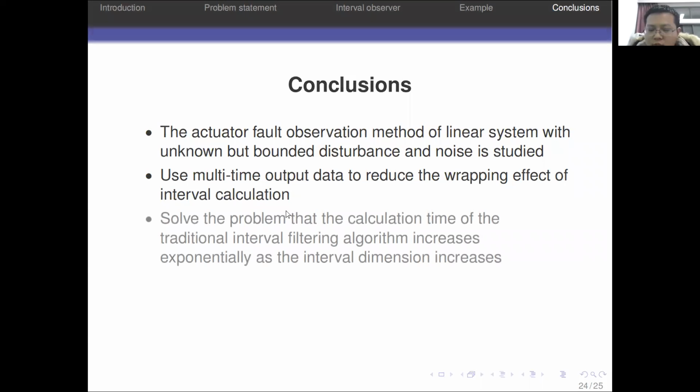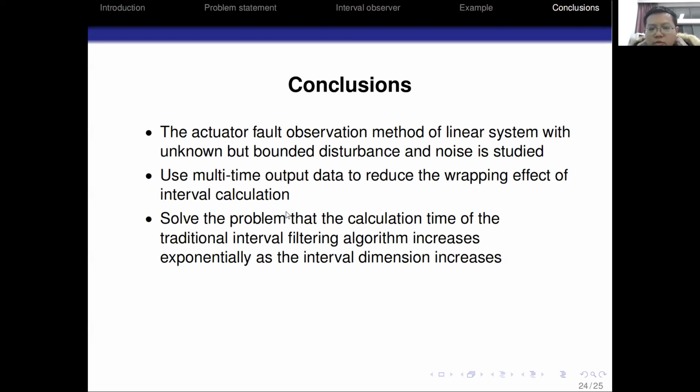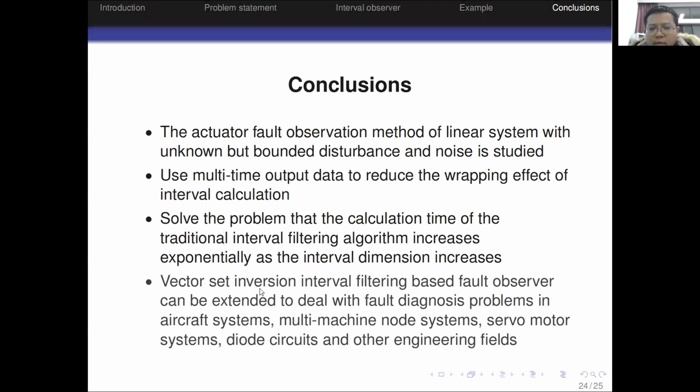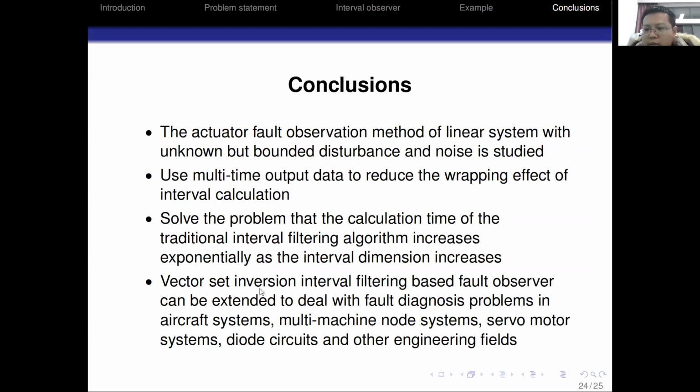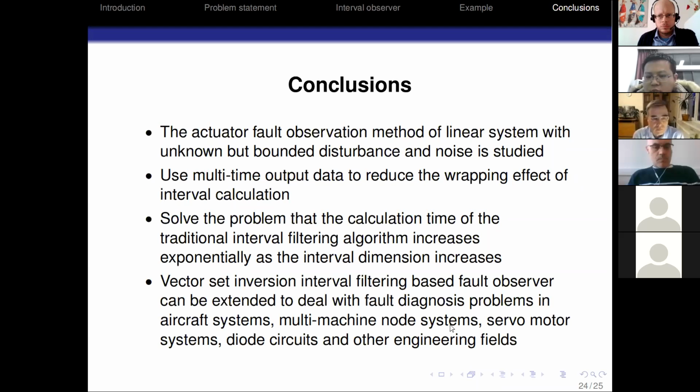And the proposed algorithm solves the problem that the calculation time of the traditional interval filtering algorithm increases. And lastly, the vector set inversion interval filtering based fault observer can also be extended to some other fields.